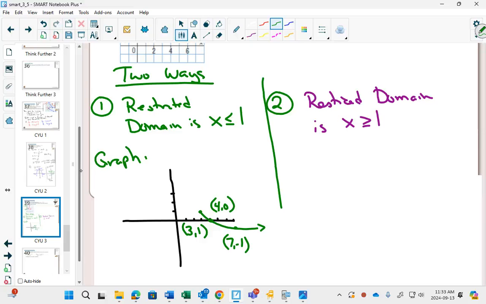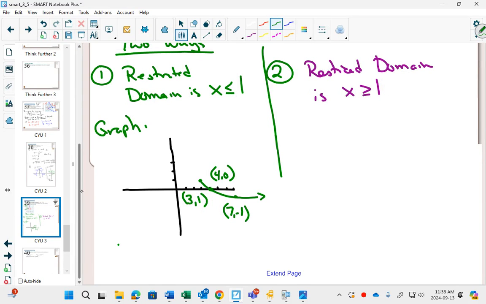There's my graph. Okay? Now the options for the equation.